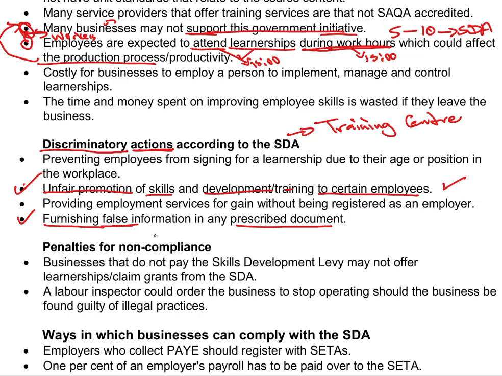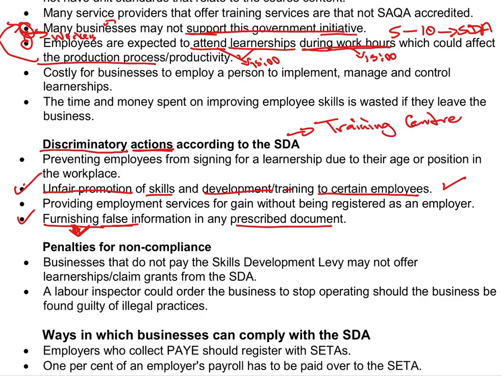It's very advisable to go and look for the other name of furnishing. You can consider using that name there. You should know these both actions are illegal under the SDA. So business must treat all employees fair in training access. That's what you should know. Provide truthful information.